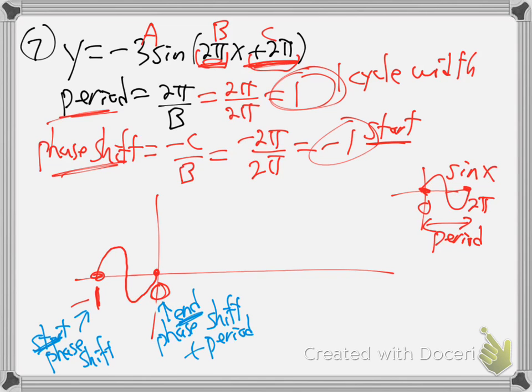You start at the phase shift and you end at the phase shift plus 1 period. So this is minus 1 plus 1, 0, right? Because this is the phase shift and this is the period. All right, so it's going to do its whole thing. What is sine's whole thing? Up, 0, down, 0. That's the whole thing for sine.